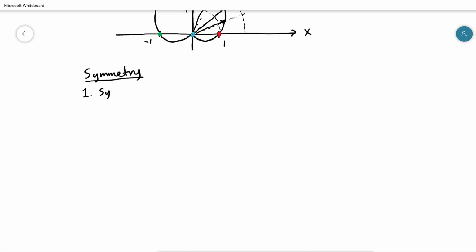Something can be symmetric about the polar axis, which is basically an annoying way of saying the x-axis. So this is sometimes referred to here as the polar axis.